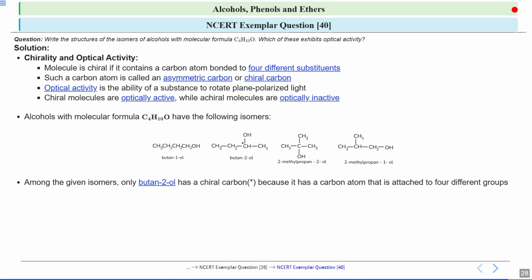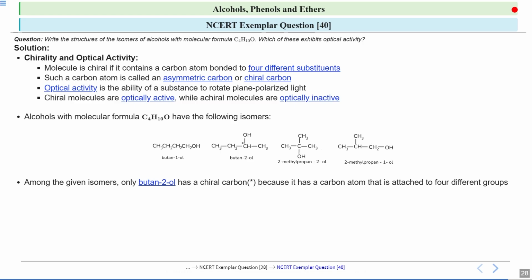So this is a chiral carbon. In butan-1-ol, there is no chiral carbon. In 2-methylpropan-2-ol, this carbon is connected to the same 3 methyl groups, so this is also not a chiral carbon. And in this one, this carbon is attached to 2 methyl groups, so this also cannot be a chiral carbon.